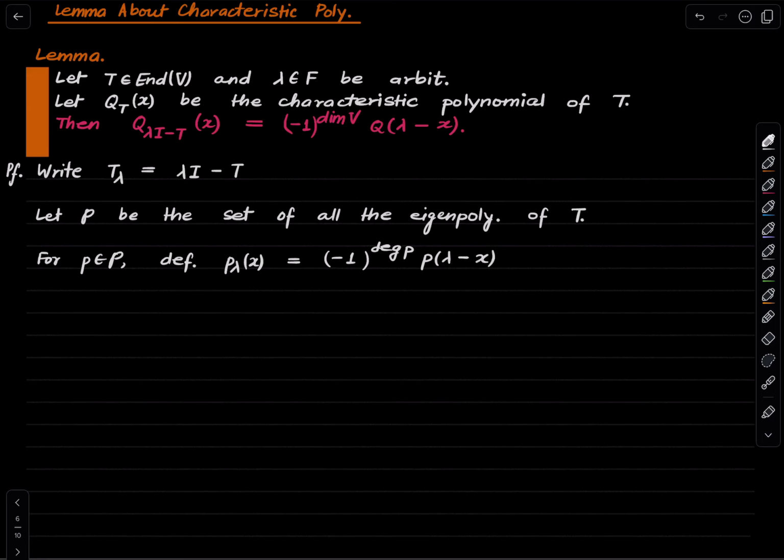Okay, so then we know that this set is precisely the set of all the eigenpolynomials of lambda I minus T.